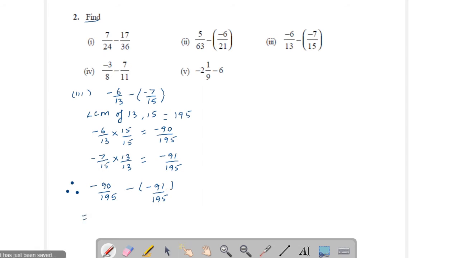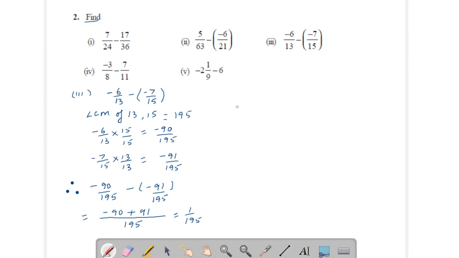This can be written as, here denominator is same, write once. Here numerator is minus 90. Here open the bracket, minus into minus, it is plus. Plus 91. And if you add it, you will get 1 upon 195. This is your answer.